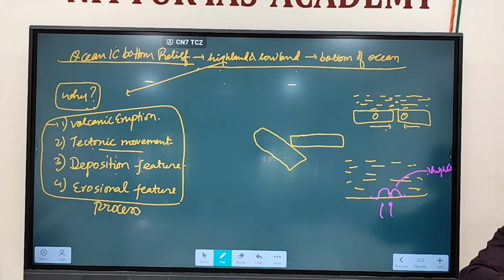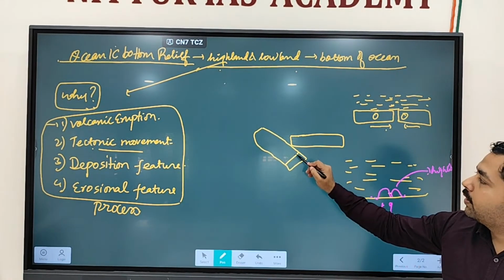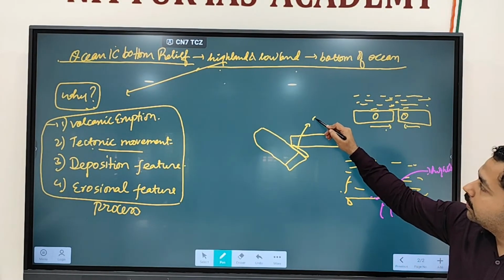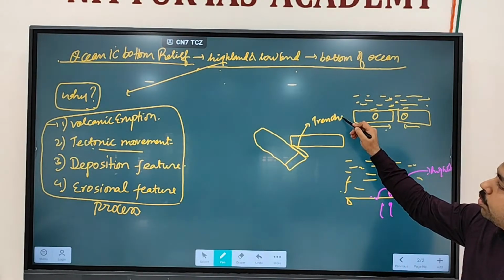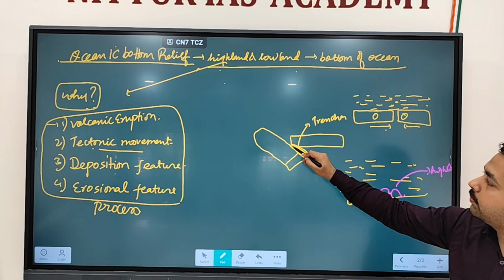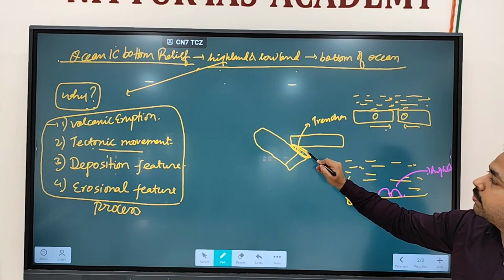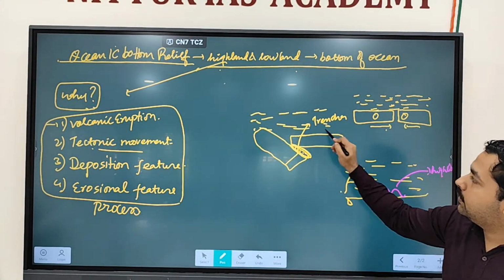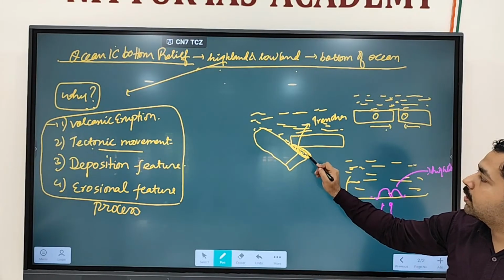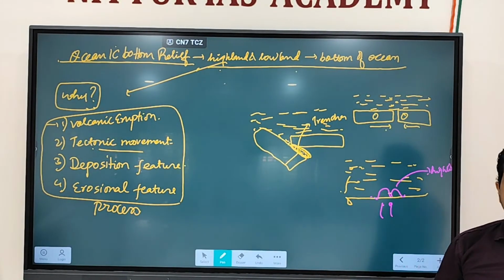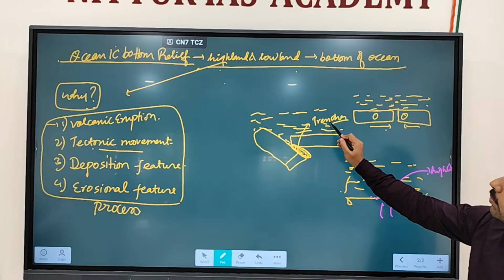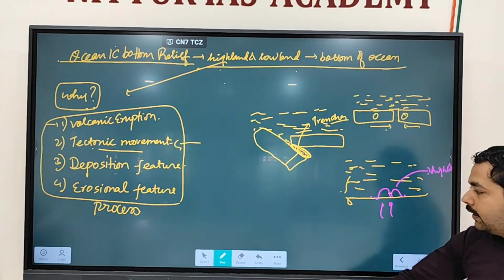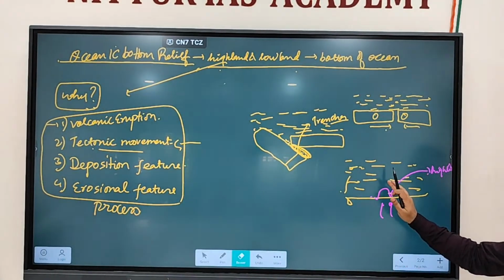The more dense. So the more dense material will go down. When more dense material goes down, what are you going to see? Formation of what? Trenches. So you see a lowland feature, trenches are going to be formed. This is going to be filled with water, so you'll have more water going down in the form of trenches. It is formed due to which type of activity? Tectonic activity.